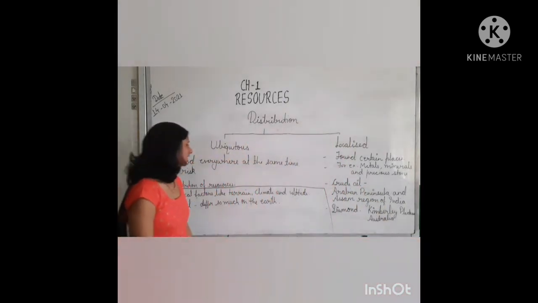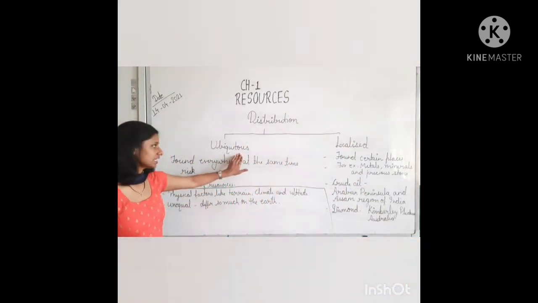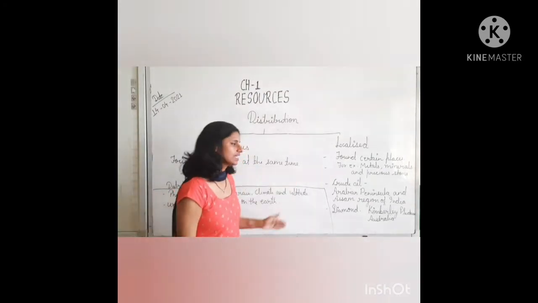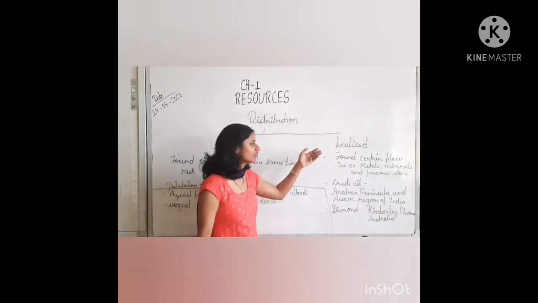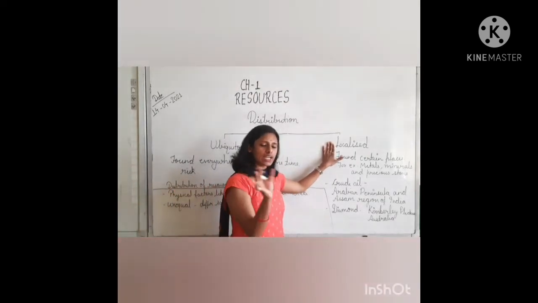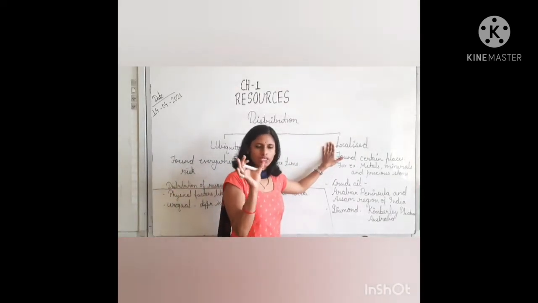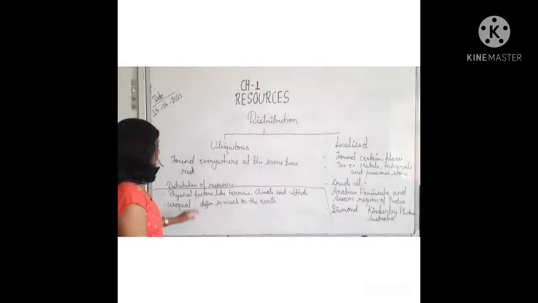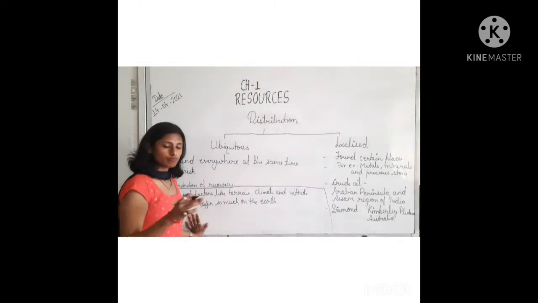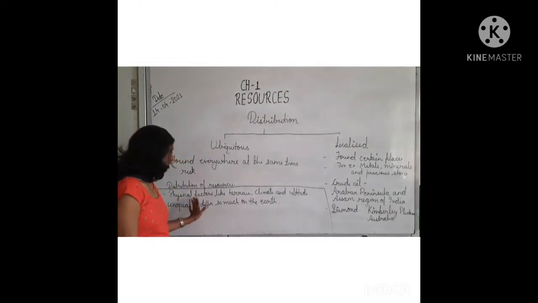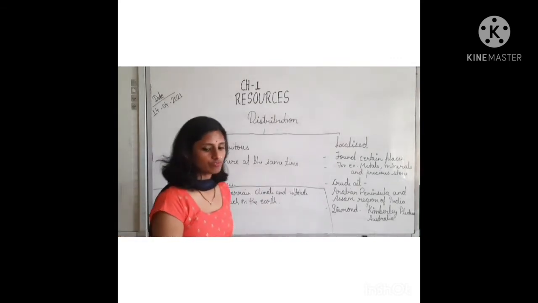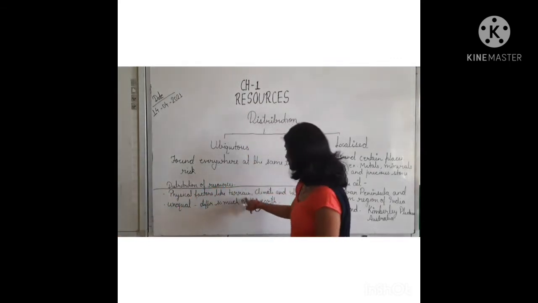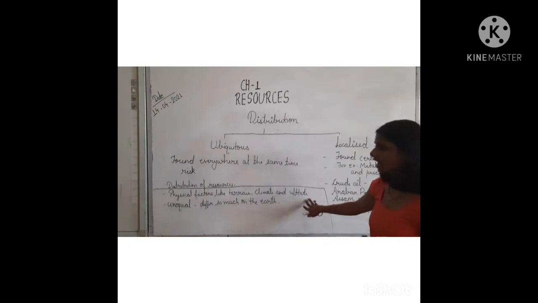So we can say that ubiquitous is also called omnipresent, that can be found anywhere, everywhere, and localized, that can be found in only certain places. The distribution of resources is very different because of physical factors like terrain, climate and altitude.